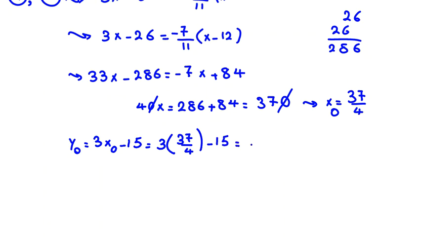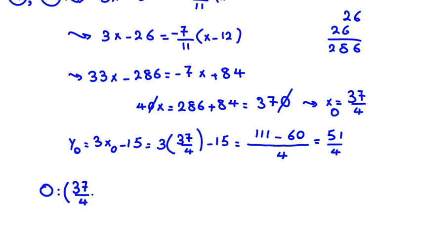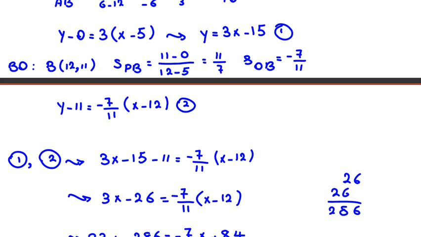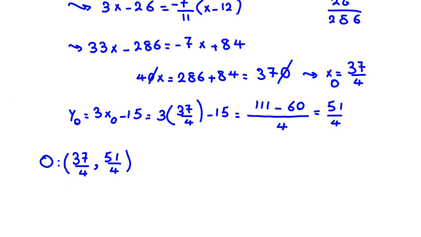Let's use a common denominator. 3 times 37 is 111, minus 60, so it will be 51 over 4. So the coordinates of O will be 37 over 4 and 51 over 4. The coordinates of B were what? 12, 11.